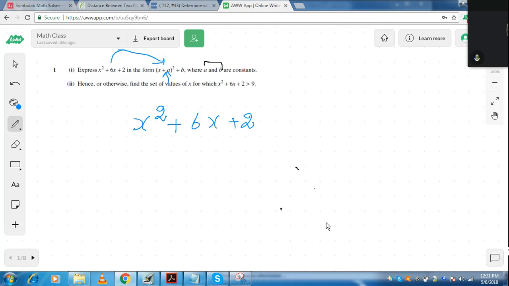So if we get the two x values, how will it be useful to solve this question? That's what I'm asking. Yeah, to get the values A and B.